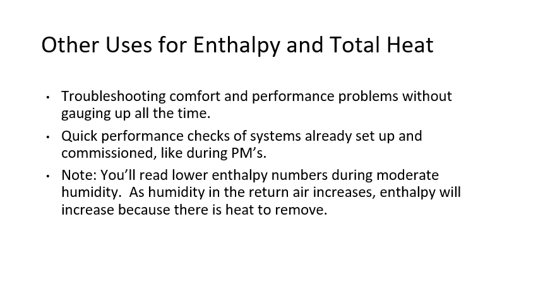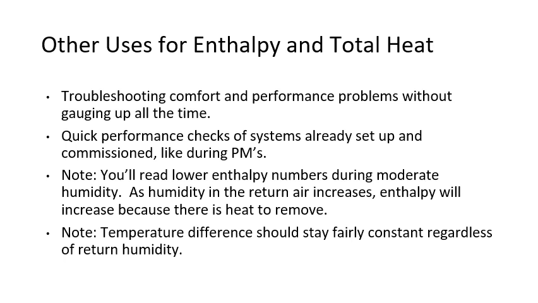So our enthalpy drop will be a little bit on the lower side of that scale. But that same exact unit, come June, July, and August, when the humidity levels are a lot higher, will read a higher enthalpy drop because there is more humidity in the air and there is more heat for the evaporator to remove. But the temperature difference, the dry bulb temperature difference, should stay fairly consistent regardless of the return humidity.